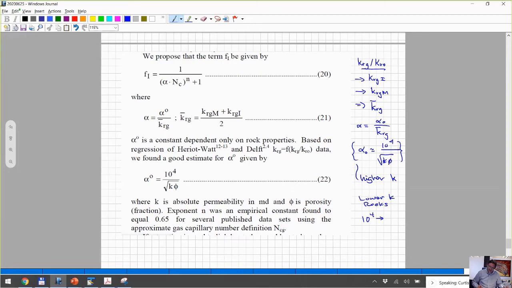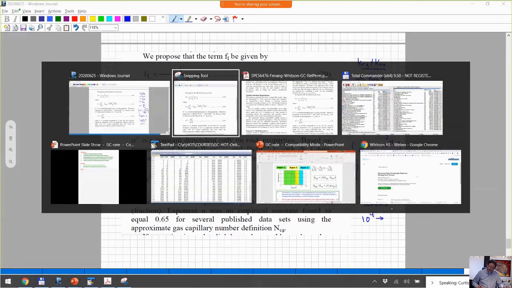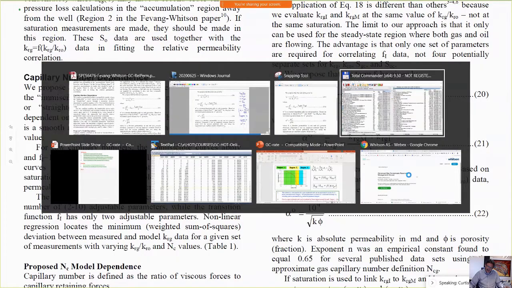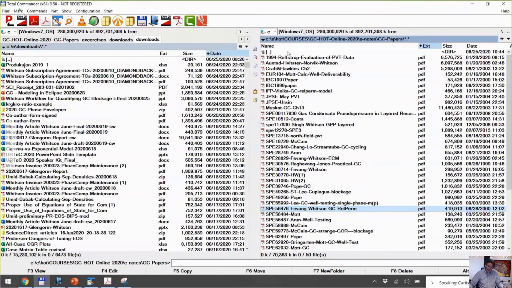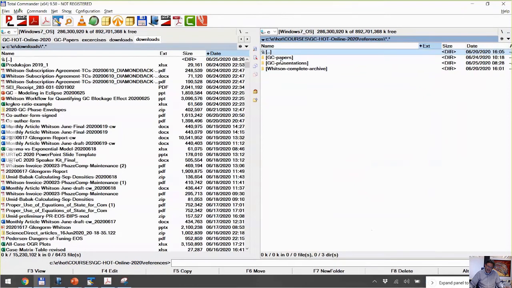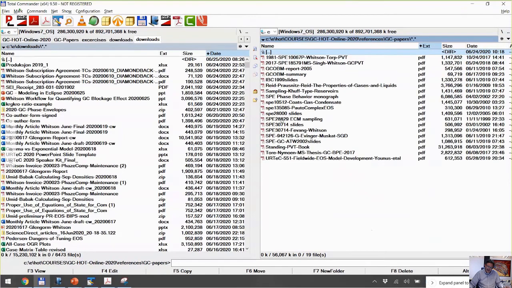Okay. So this is basically a correlation. I think I've got the presentation of this, which has some of these figures. Where did it go?